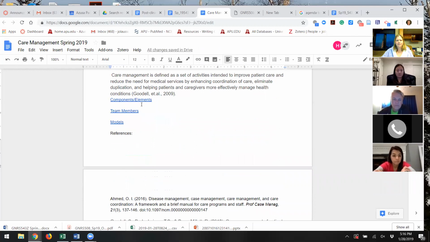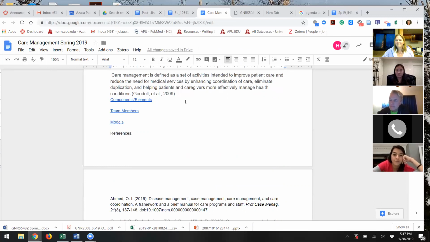And then we have links here to our components, the team members and the models. So this can really be a living document. We can go back and forth and update, and then update each of these individual documents. So any questions about that?